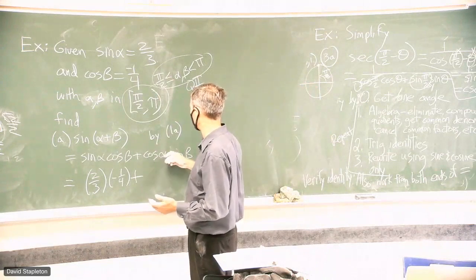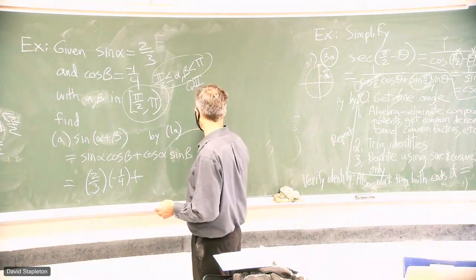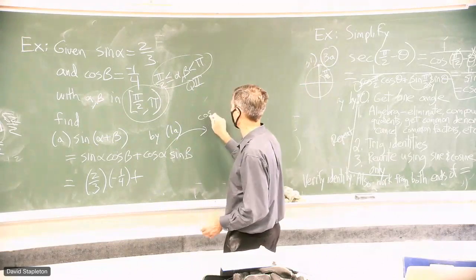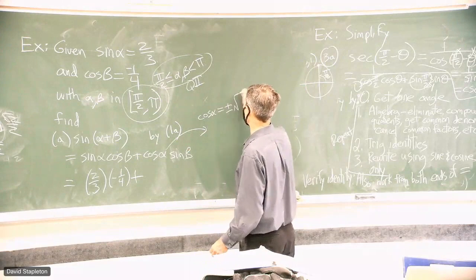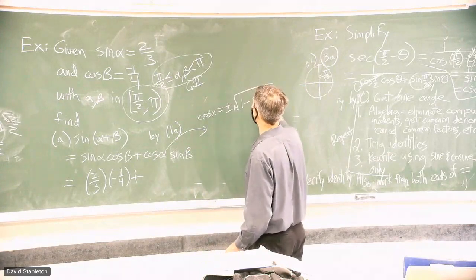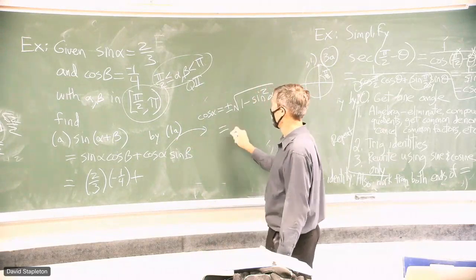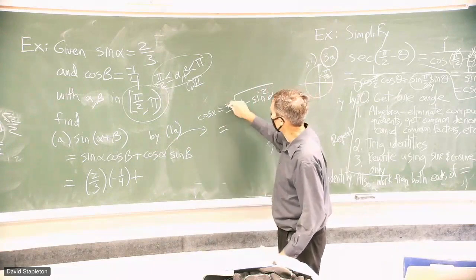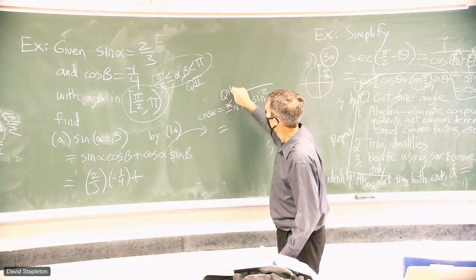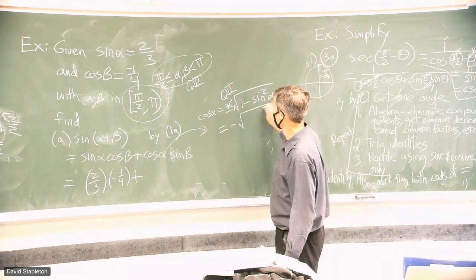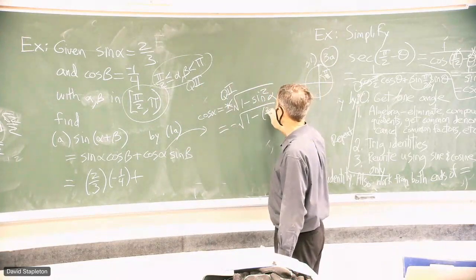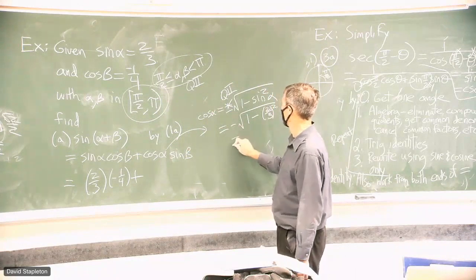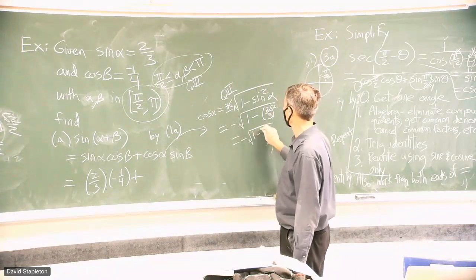I can find cosine alpha. There's lots of ways to compute this. I like plus or minus the square root of 1 minus sine squared, right? And it's in quadrant 2 where cosine is negative. So I have minus the square root of 1 minus 2/3 squared, which is minus the square root of 1 minus 4/9.